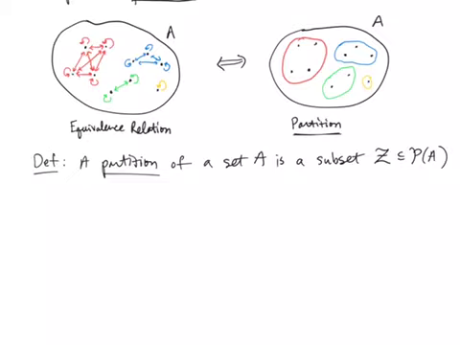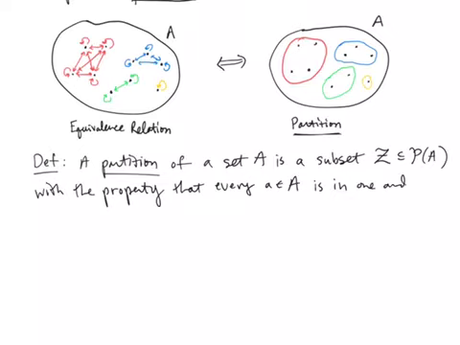So it's this subset of the power set with the property that every a in A is in one and only one element X in this Z. Z is a subset of the power set, so its elements are subsets, and so we can call such a subset X. And so a partition has the property that every a is in one and only one capital X, which comes from this collection of subsets Z. Okay, so that's what a partition is.